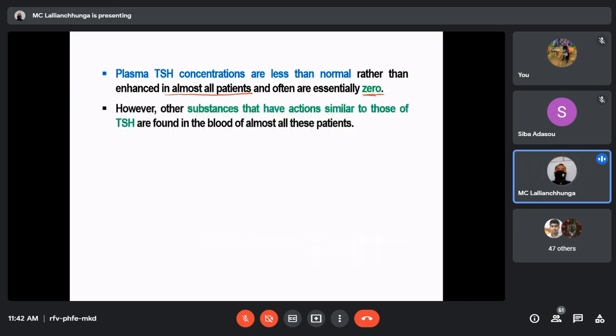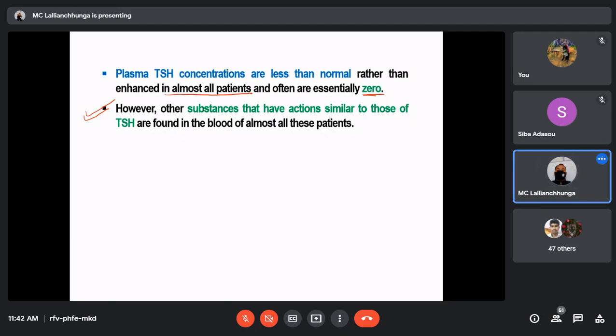However, other substances that have action similar to those of TSH are found in the blood of almost all these patients. So this point is very important. In almost all cases of hyperthyroidism, plasma TSH concentration is less than normal. It may be zero also.